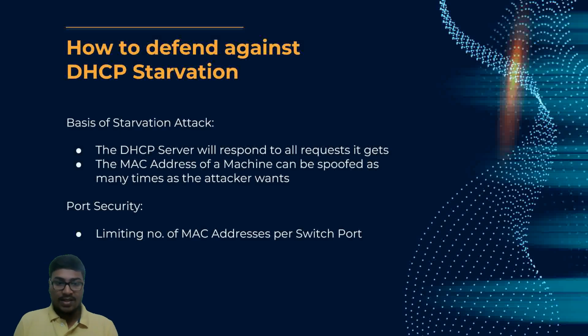So this way, if an attacker tries to connect to a port, he generates a request, gets an IP allocated, and now instead of being a different machine, the attacker spoofs his MAC address and pretends to be a different machine. Even that would be allowed only 2 more times. So if the attacker does it more than the times the switch port has allowed, it will generate a violation.